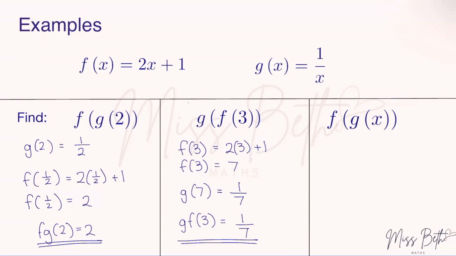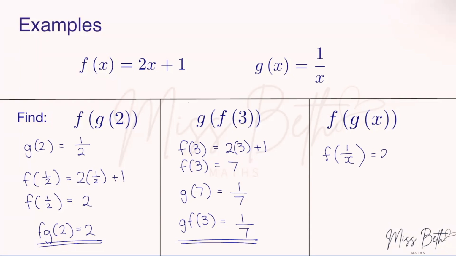Okay, on to my last example for composite functions. Here we want to calculate f of g of x. This again is the algebraic type question that you might see. So we take g of x being 1 over x, and effectively I want to find f of 1 over x. In the function f, every time I see x, I'm going to write 1 over x.